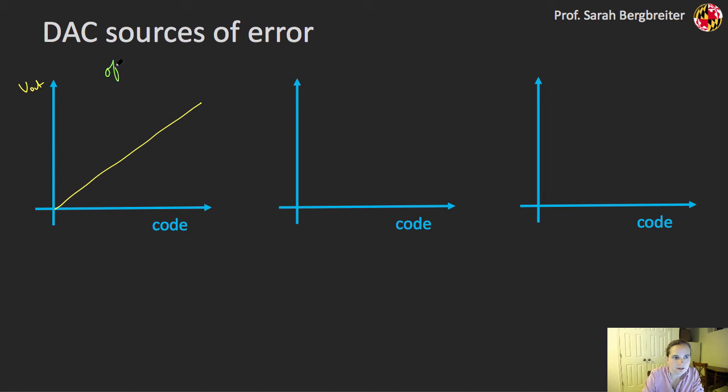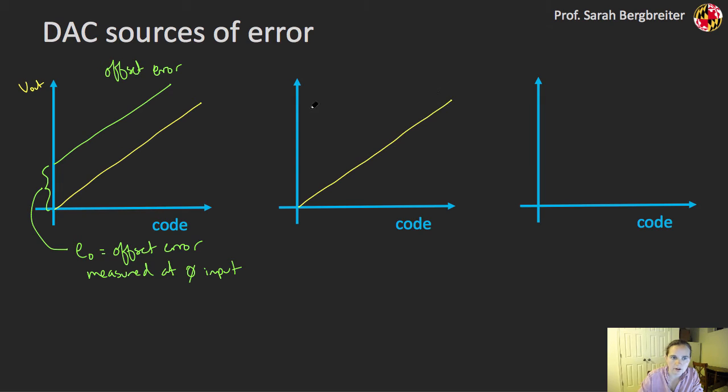And I'll start with the idea of offset error. An offset error is going to stem from the fact that I might have a shift in my output. So my code 0 does not correspond to 0 volts. And when measured at code 0, this is called the offset error, and I'm going to write it as E0 or EO.